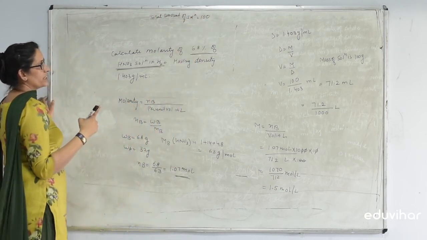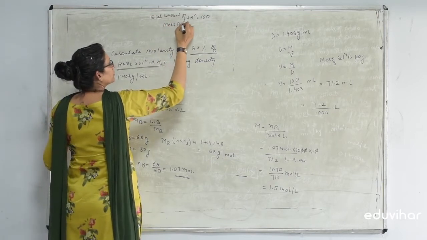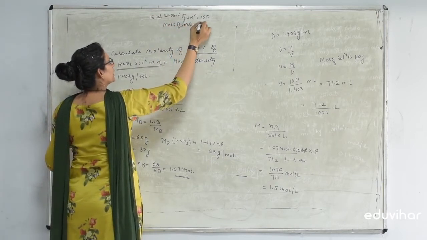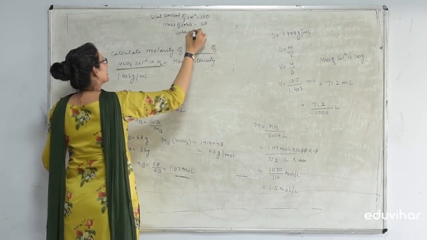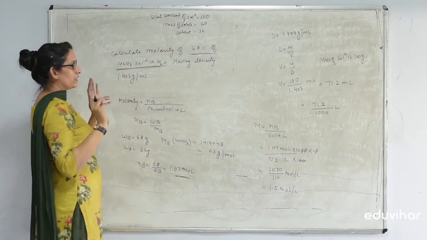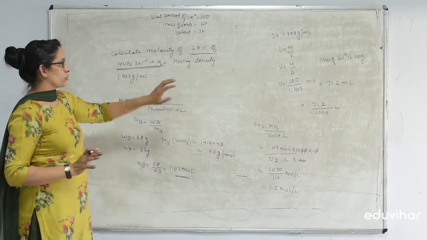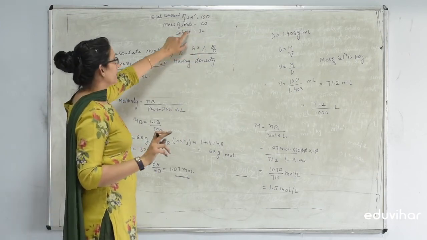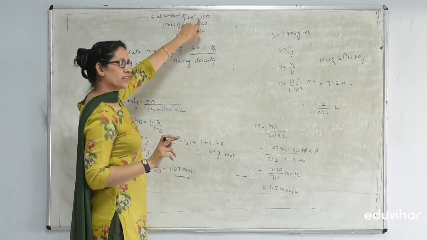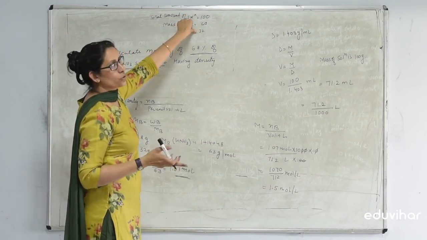The mass of solute is 68 and solvent is 32. Whenever the mass is given in percentage, this percentage is the mass of solute and the total mass of solution is always 100. 100 minus the mass of solute gives you the mass of solvent.